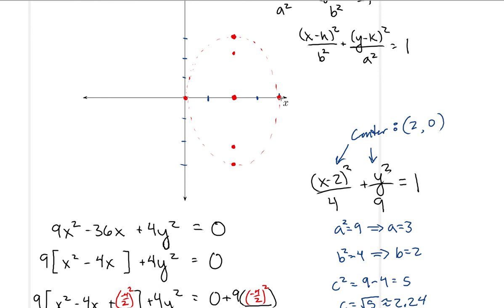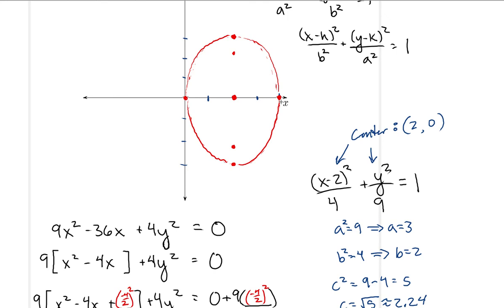All right, now I know our page is getting really full right now, but there is one other thing I want to do with this, and that is, we did this with circles, but I want to take the time here to remind you of, if I want to check my work in my calculator, how do I do that? Okay, so remember, what we have to do to check our work in the calculator is we have to get y by itself, right?